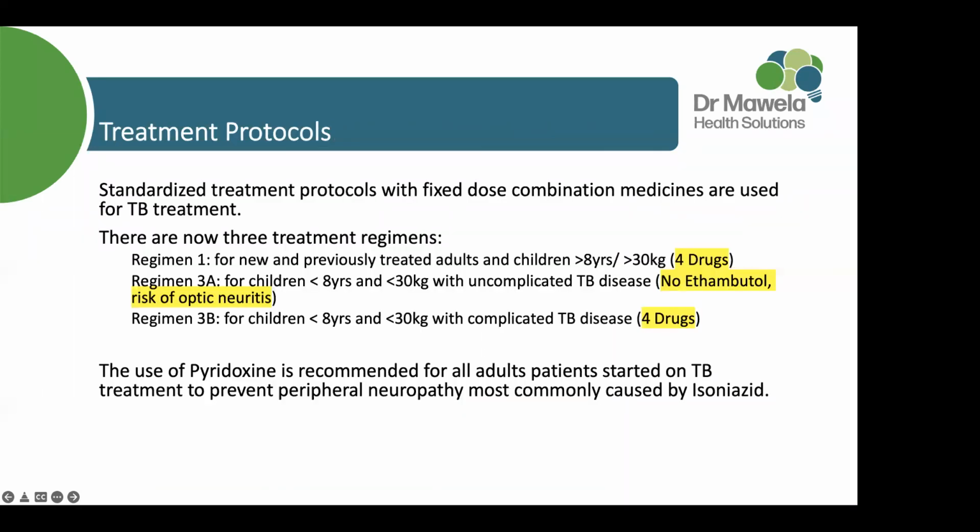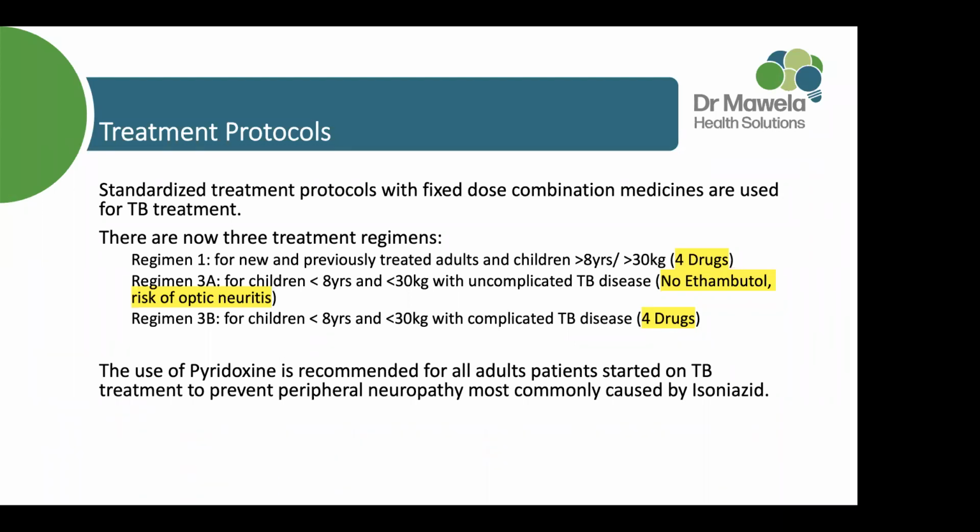The treatment for TB has not changed, it's still the same, RIFA4, except that if you have a child who's less than 8 years or less than 30 kgs, and they have uncomplicated TB, just simple pulmonary TB, you can actually treat them with 3 drugs, right? You exclude ethambutol because of the risk of optic neuritis, color blindness, and eventually blindness.